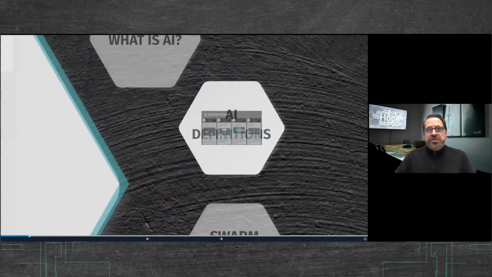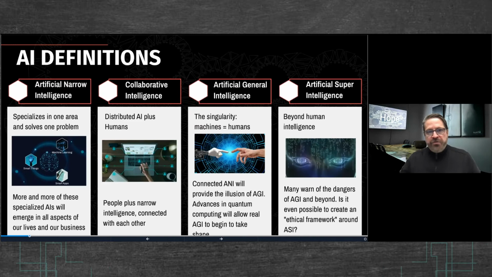AI definitions. This is a bit of review for us. This was in the first of the history of data clouds. We're going to start off with artificial narrow intelligence, and this is what we experience the most today. If we're interacting with a chatbot, or with Alexa or Google in terms of voice interaction, we're actually interacting with an AI that's been trained to deal with conversational language and parse that language to go execute a specific task.